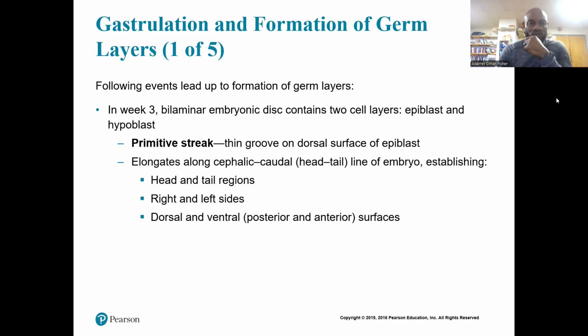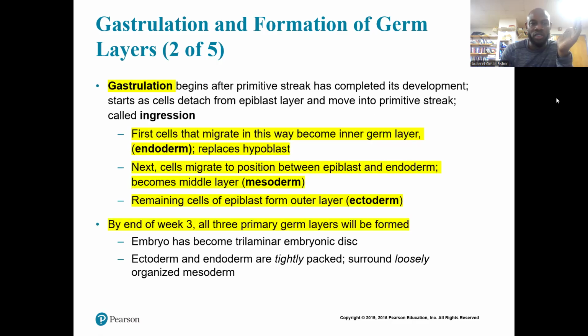So week 3, primitive streak, a thin groove on the dorsal surface of the epiblast, elongates along the cephalic-caudal, head-tail line of the embryo. We establish the head, the tail, the right and left sides, dorsal and ventral surfaces during gastrulation. First cells migrate to become the inner germ layer, endoderm. We have the mesoderm in the middle, and then the ectoderm, the outer layer.